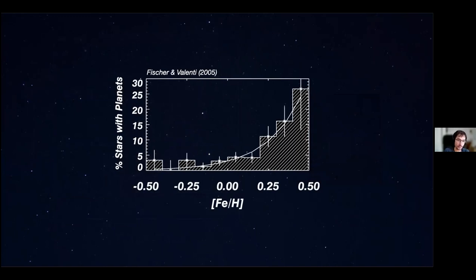They found that the frequency of stars with giant planets goes up if the metallicity of the star increases. So somehow more metal-rich stars, and maybe by extension more metal-rich protoplanetary disks, are giving rise to giant planets more easily, which is an expected result if you think about core accretion, the core accretion paradigm of planet formation.